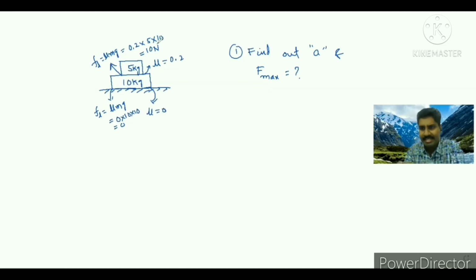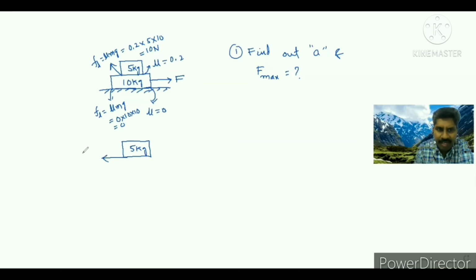Second step: search which block develops the frictional force. Here, for example, the force is applied on the bottom block, the 10 kg block. Now the frictional force is developed on the 5 kg block, so take the 5 kg block first. At its bottom, the limiting friction Fl is 10 newtons.